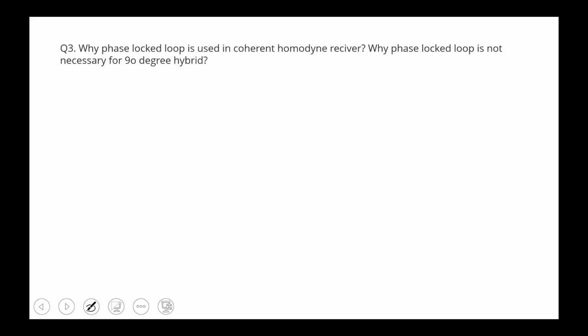Can anyone answer that? This should be the same, with balanced detection. We just take one feedback loop from the PLL used in the homodyne receiver.